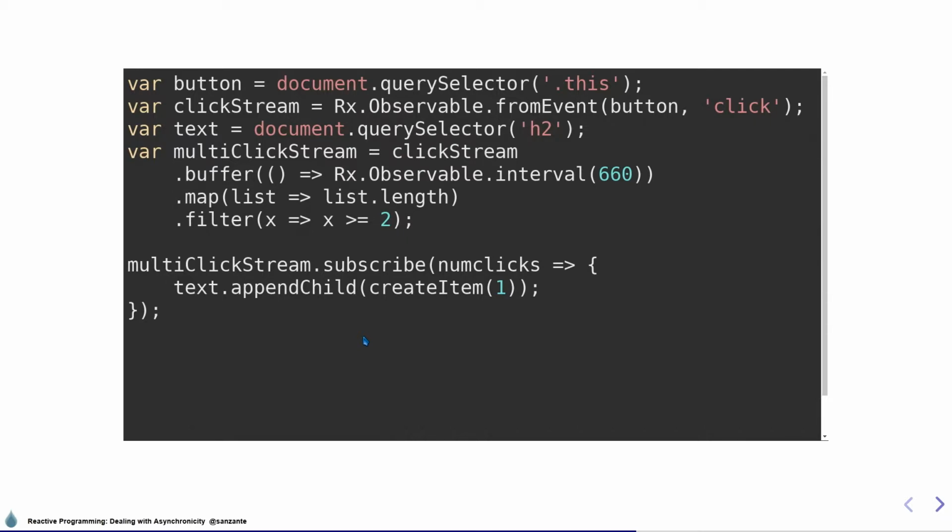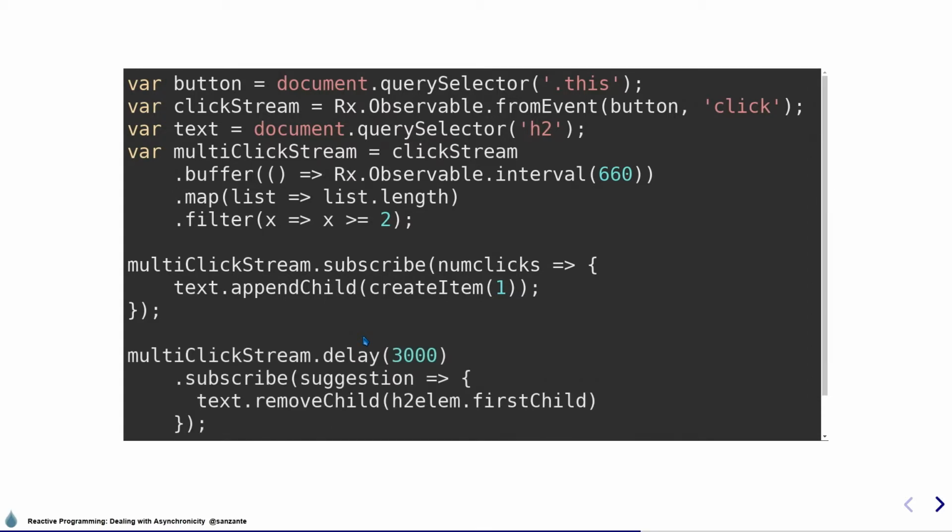And then we have that multi-click stream, and we are going to do two things. One is subscribe to that operator and add the clicks that we have detected, double, triple, etc. And we subscribe to it again with a delay of 3 seconds. And after those 3 seconds, we remove one of the elements of the list of clicks.